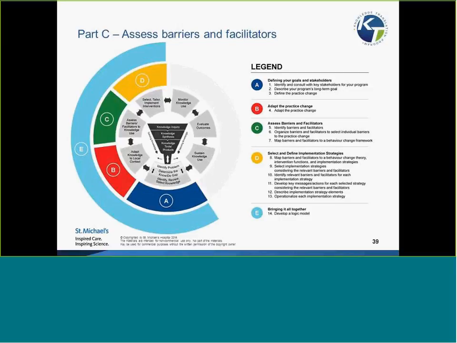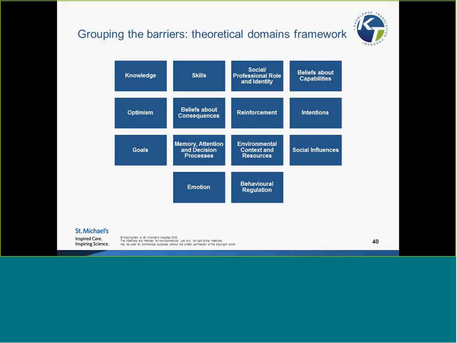Then we take the barriers and facilitators and map them to a behavior change framework. So we use the TDF, or Theoretical Domains Framework. It's based on a review of behavior change theories and consolidates them into 14 different categories.